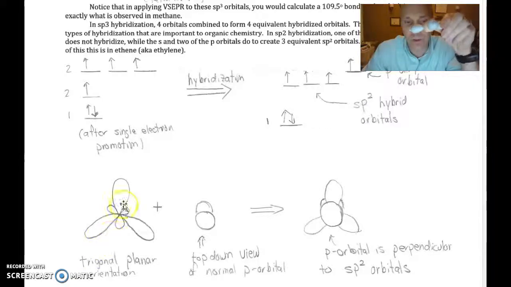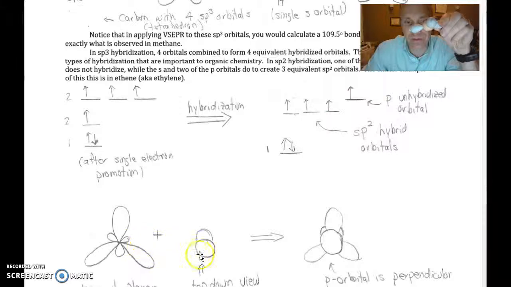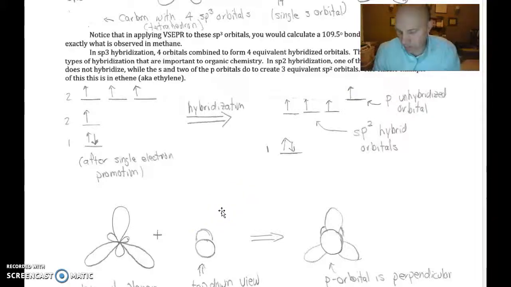All right. So what we're going to do, as we said, this is going to involve 3 of these guys, but it's also going to involve this unhybridized p orbital. All right. So if I take a p orbital, which looks kind of like this, if I hold these guys end to end, and I turn it so that you're looking at it straight on like this, that's what you're seeing right here.